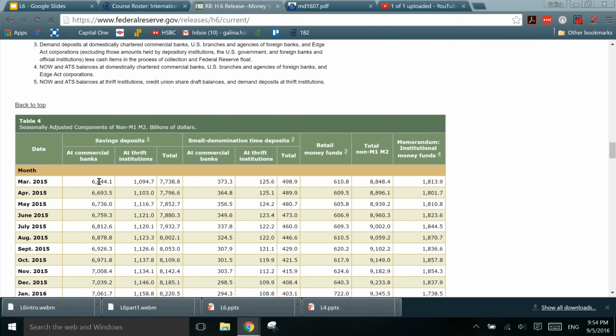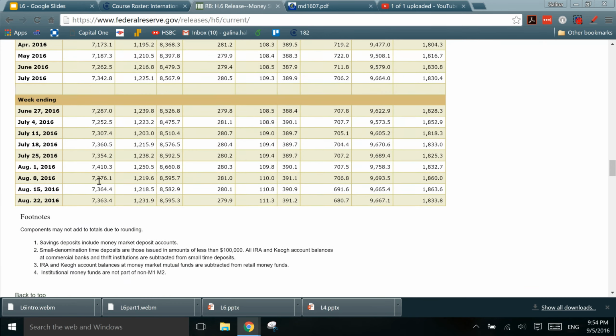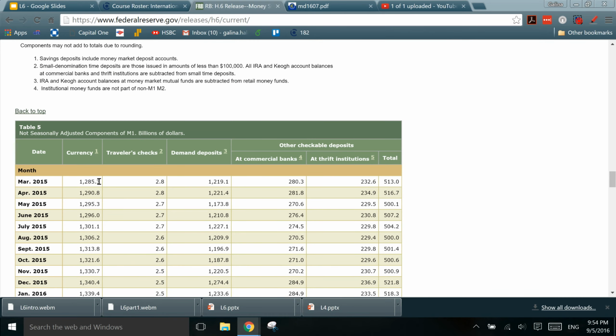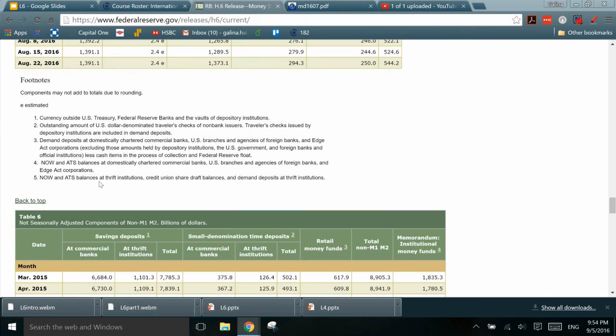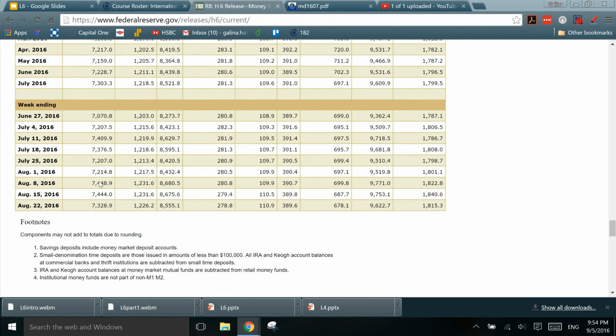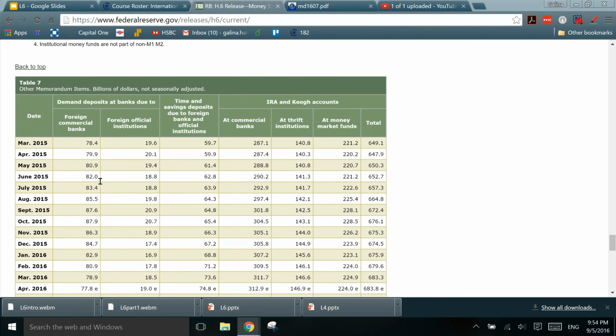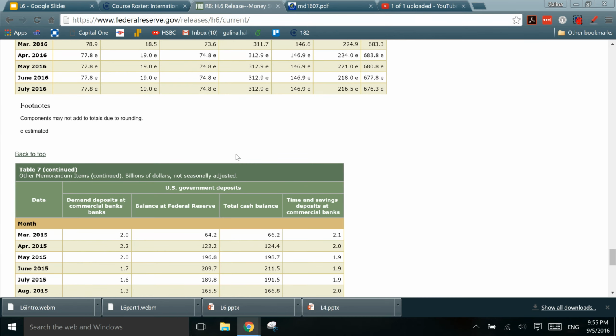This is the majority of the non-M1 M2. Going on, you can see what we saw not seasonally adjusted, so we're going to skip it again. And these are other items in case you're interested, money in the foreign institutions, etc.